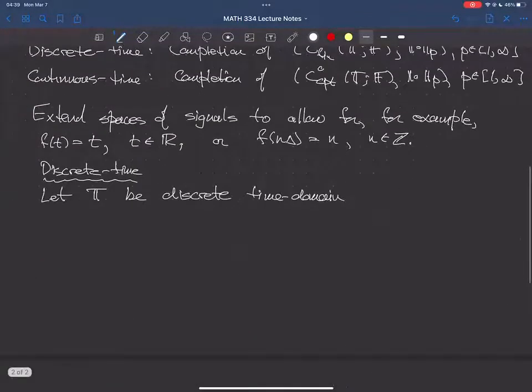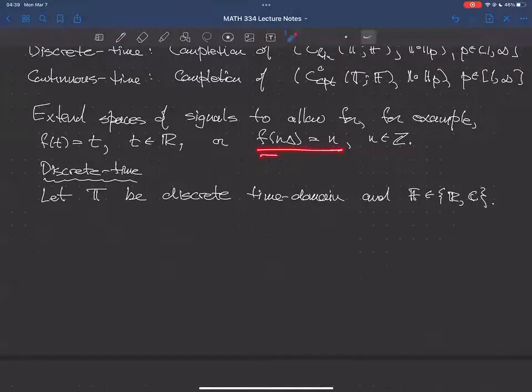And as always, F is our set of scalars. Now, how are we going to come up with a definition of a space of signals that includes signals like this? There is obviously a space of such signals.